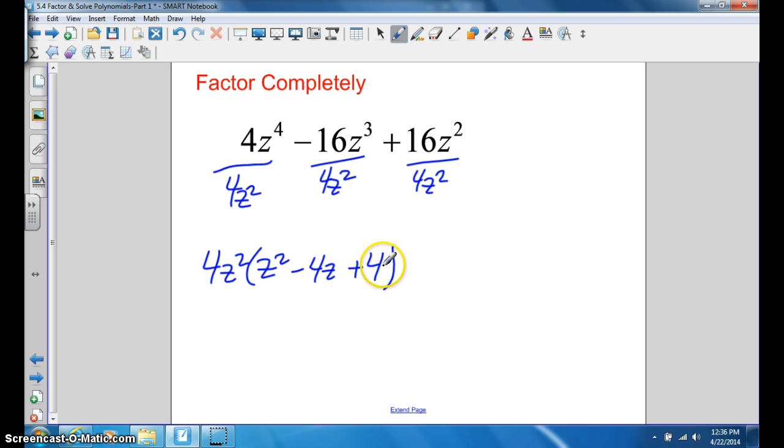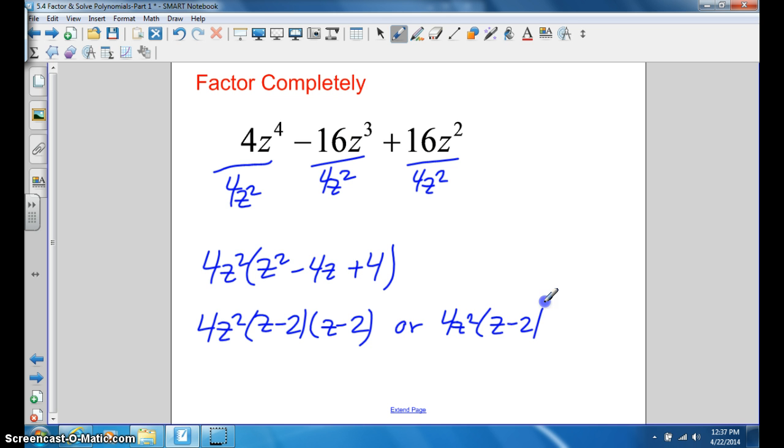We need two numbers that multiply to positive 4 and add up to negative 4. Well, that's going to be z minus 2 and z minus 2. And you can also write this as 4z squared times z minus 2 squared. Either way works, whatever you prefer.